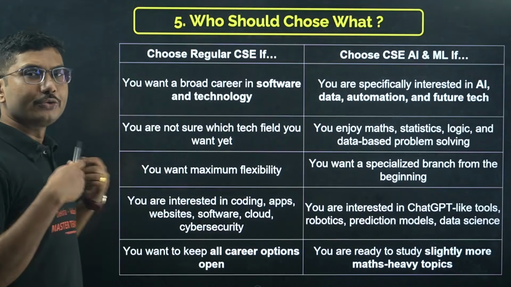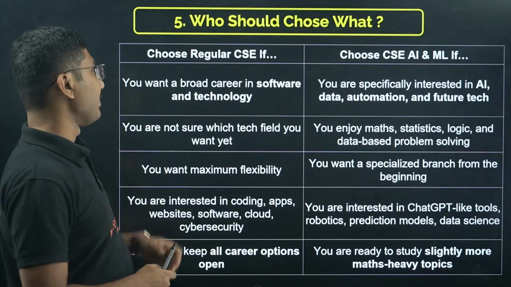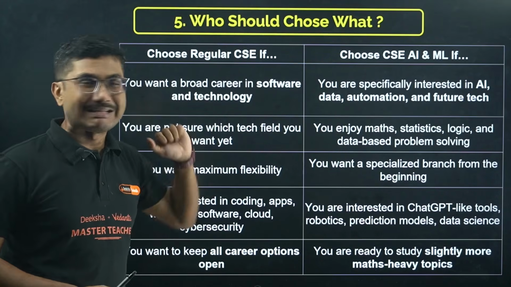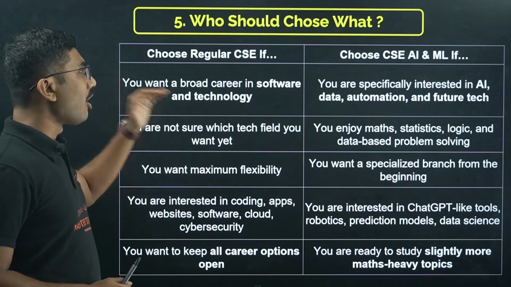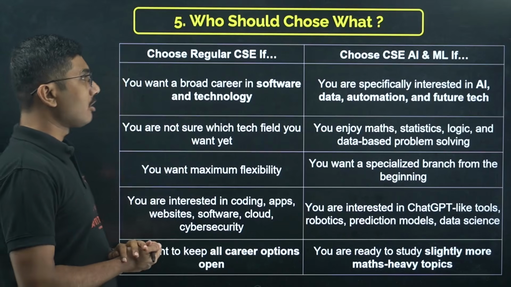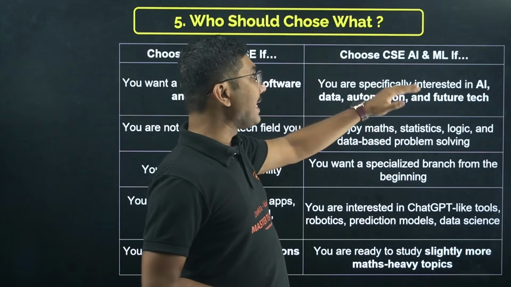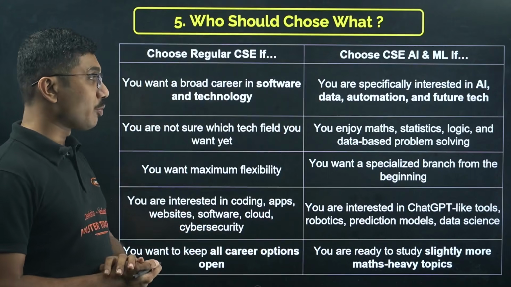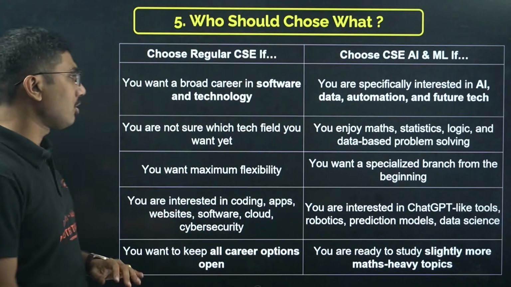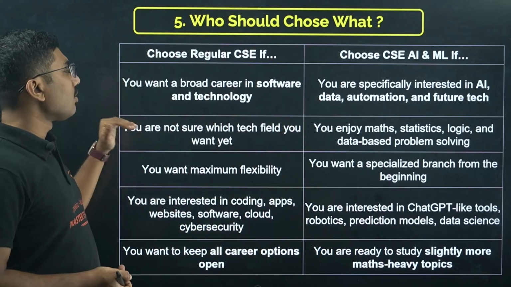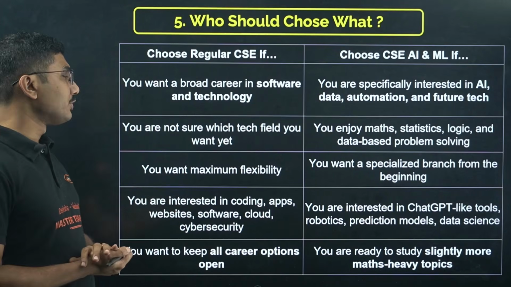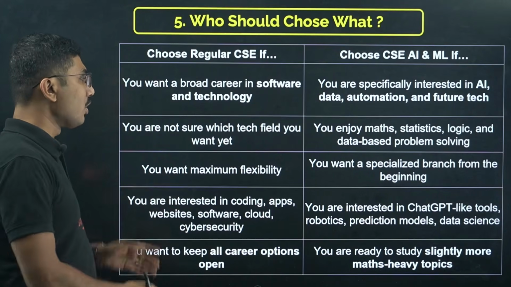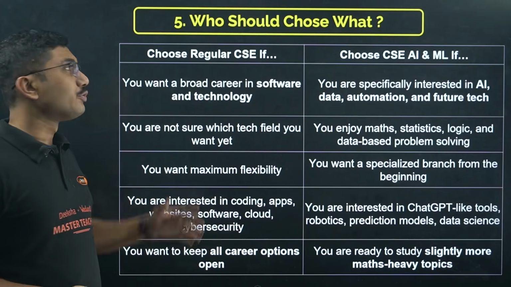So whether you should choose CSE or you should choose AIML. Choose regular CSE if you want a broad career in software and technology. Okay, choose AIML if you are specifically interested in AI, data automation and future of technology. Okay, you are not sure which tech field suits you, you want to have much more flexibility, then you should choose CSE.